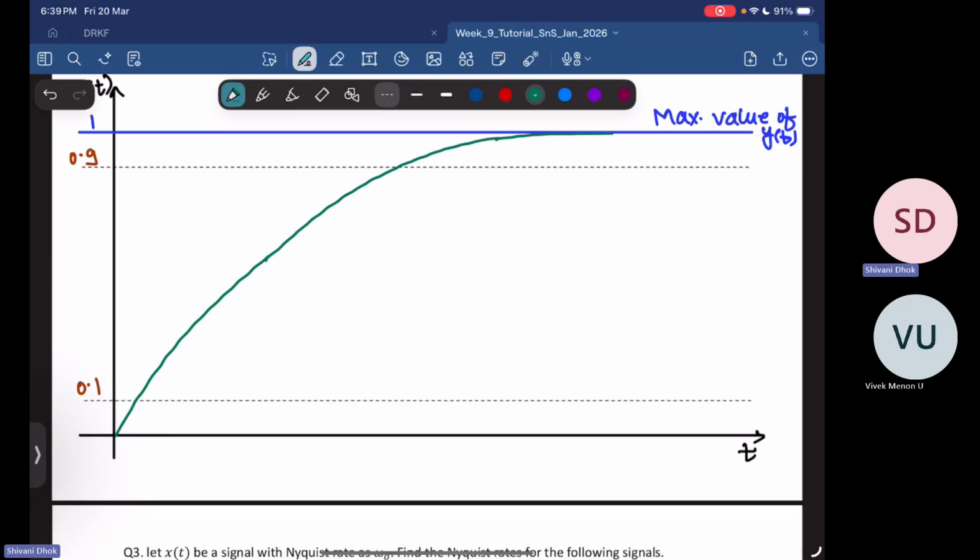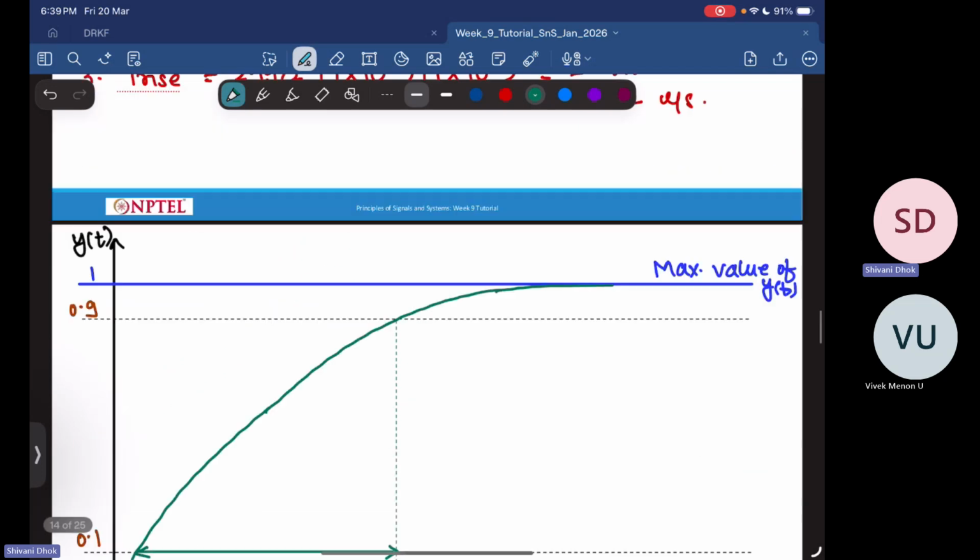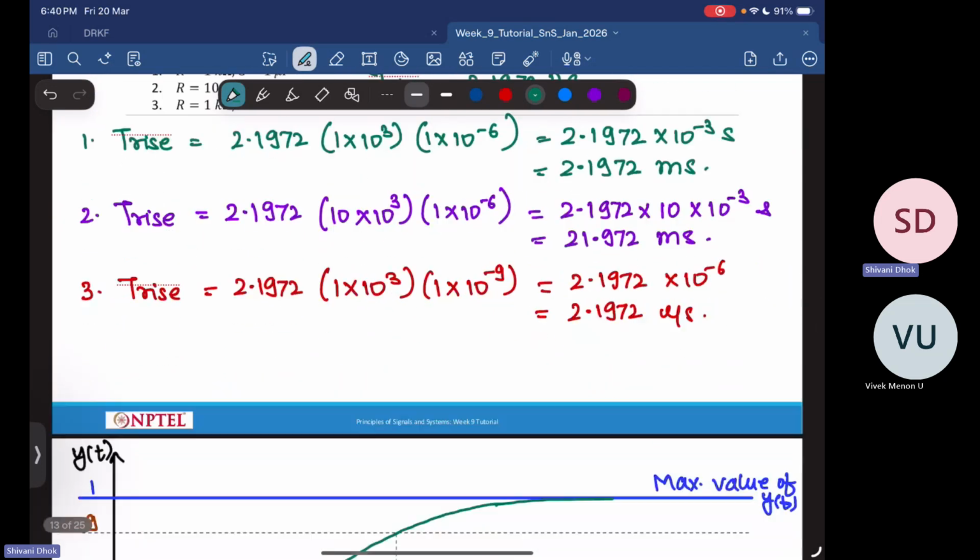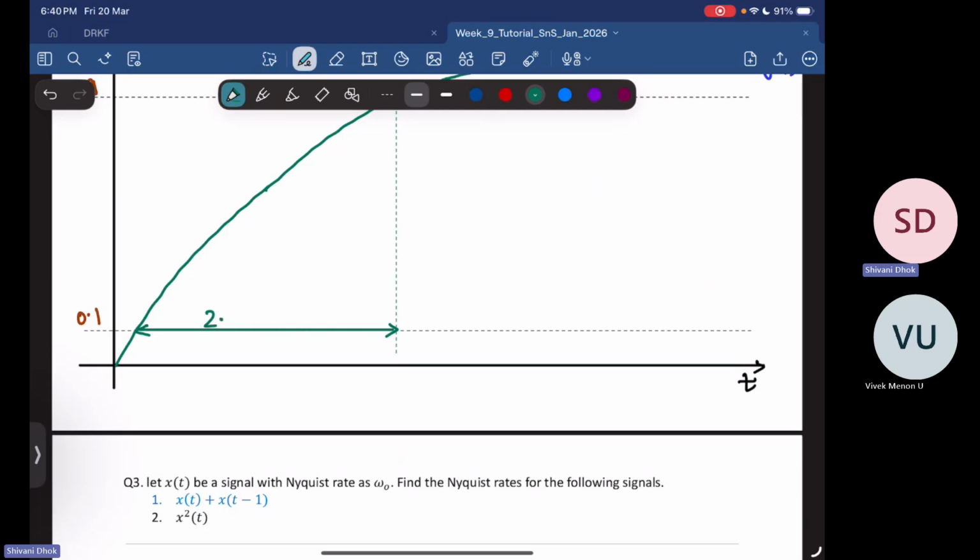So this particular duration is your T rise, that is 2.1972 milliseconds. Then you have another system or another combination of your R and C that gave you 21.972 milliseconds.